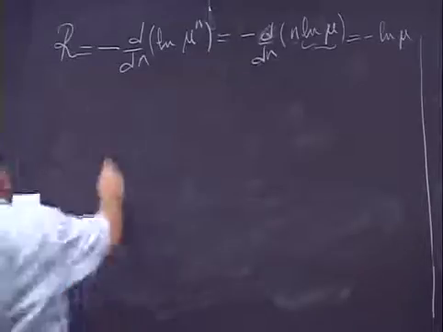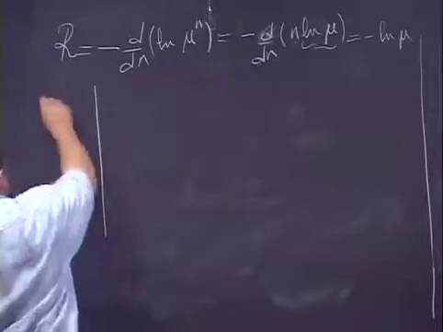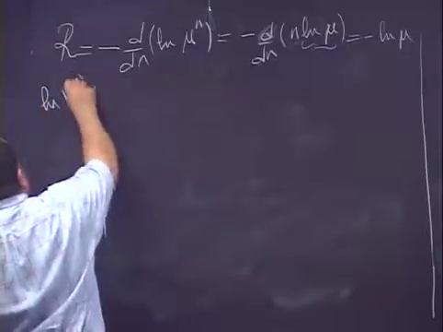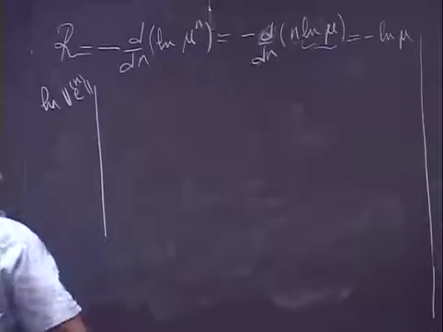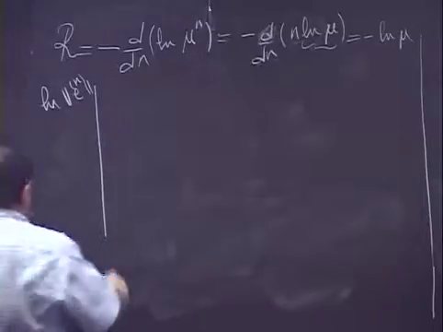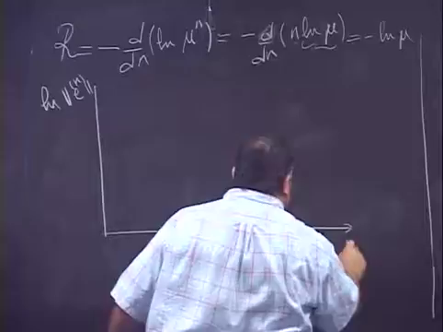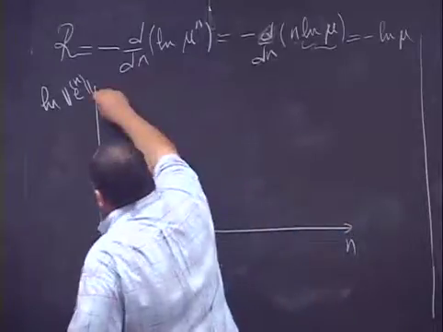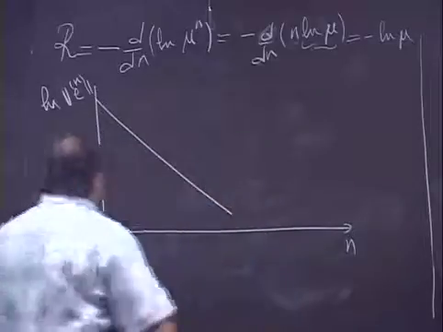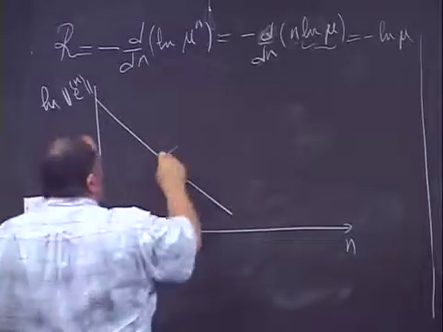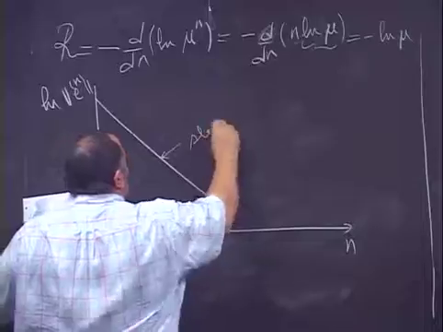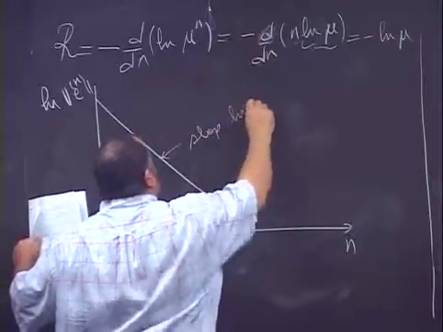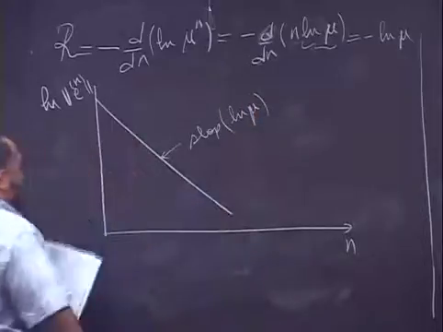So if we now try to get ln of the error after the nth iteration, and plot this against the nth iteration, this will give me something like this. So this slope is just equal to what? Ln mu. This is the slope, ln mu.